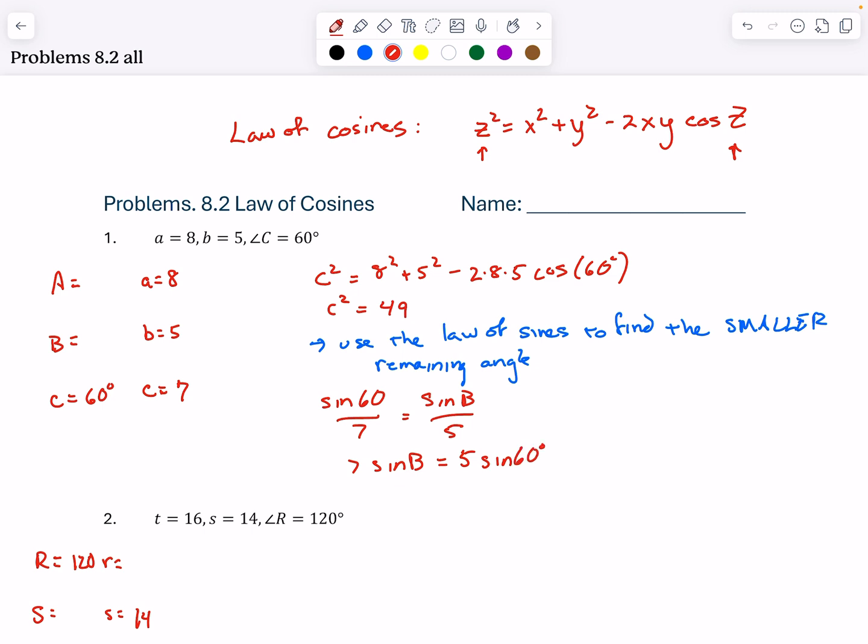So sine B is 5 sine 60 degrees. Don't forget to close parentheses before you divide, over 7. You get a decimal number, and you have to do second sine of whatever that decimal number is.